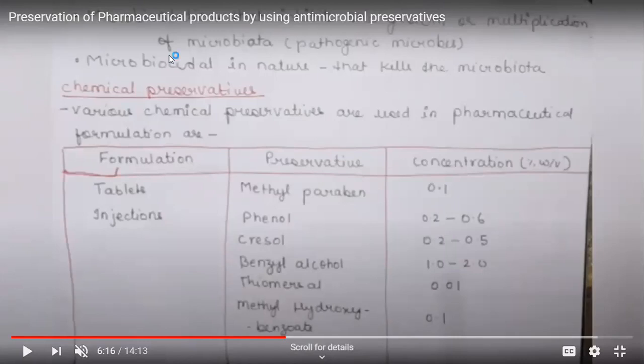If you are preparing tablets, then you use methyl paraben as a preservative at a concentration of 0.1%.